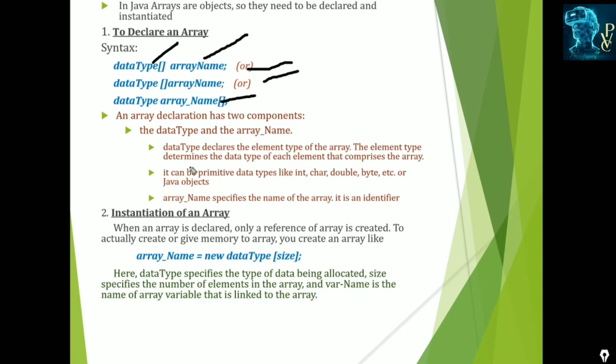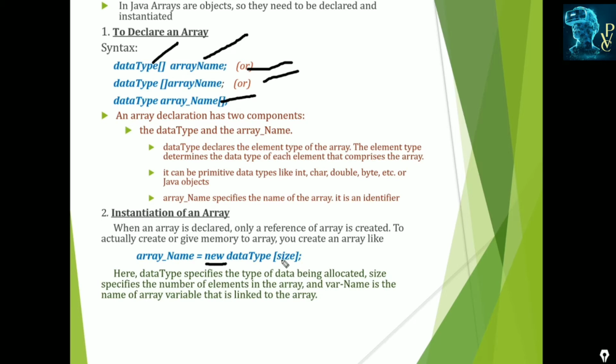First we have to declare the array by using any of these syntaxes. After that, we have to instantiate the array. When an array is declared, only the reference of the array is created. To actually create that array, we have to give memory to the array. For that we have to use the new operator. So array name is equal to new data type, whichever type you declared.